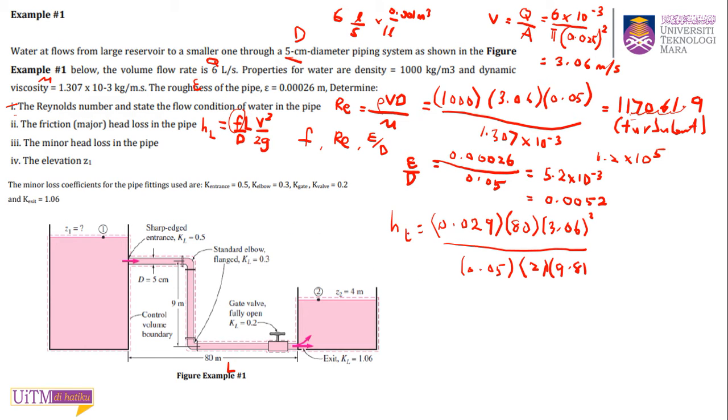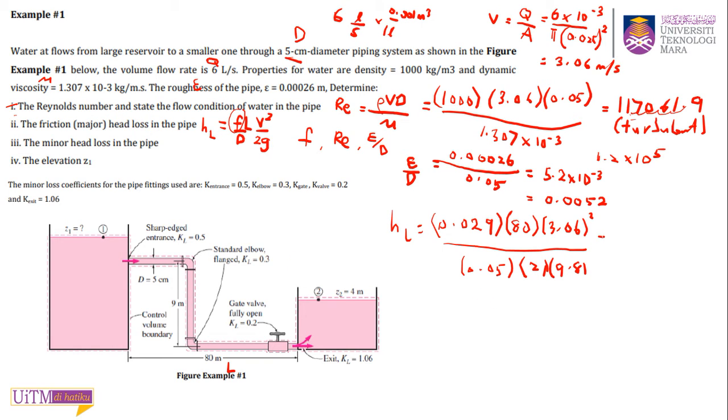You can just straight away use this equation because the pipe has a constant diameter. It's the same pipe, with 5 centimeter diameter. If you have two different pipes, that means you need to do it one by one. We will look at another example after this.